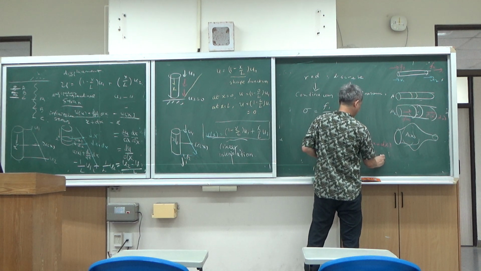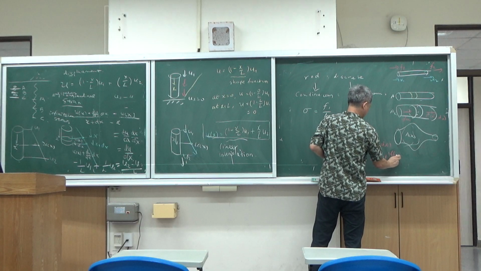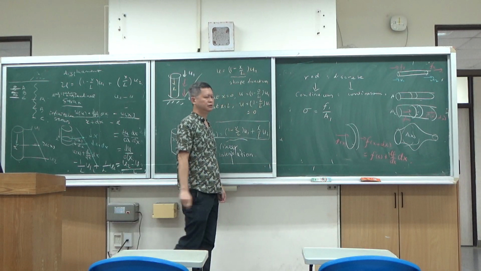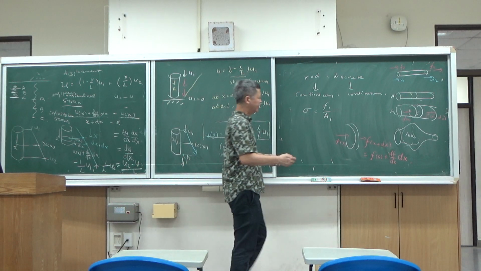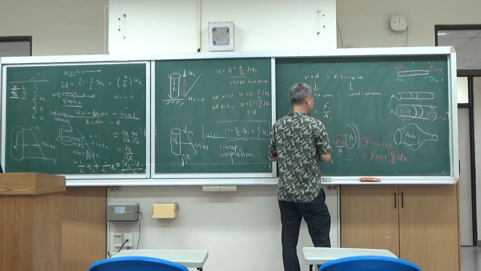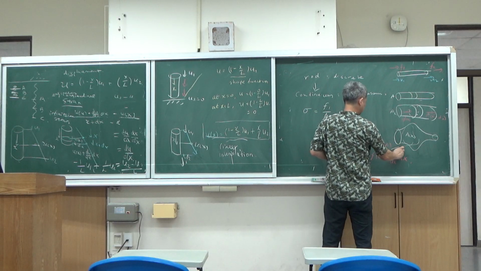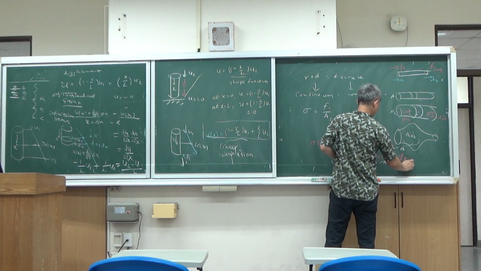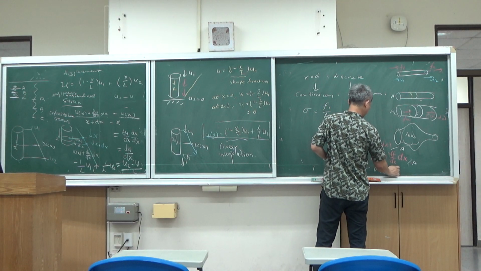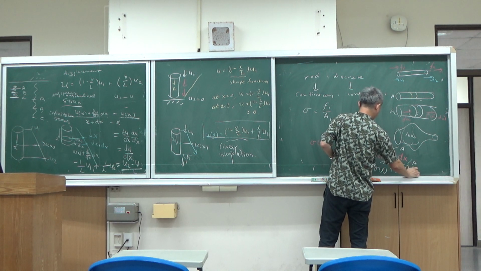You can write this as force at x plus its derivative times dx. To get it clear, because it depends on the area, you can write this divided by area. Then you have the stress at x. Then you can write this as stress at x plus d sigma by dx times dx.